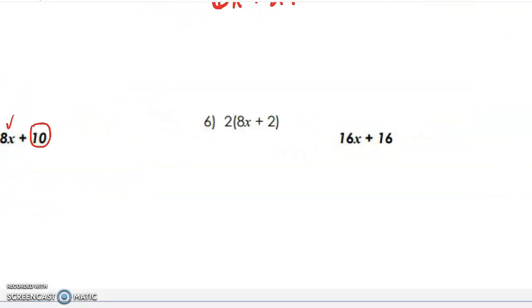Okay, let's look at number 6. I'm going to go ahead and draw my arrows. So first thing is I have 2 times 8x, and again, they're using x, so I'm going to use the dot just so I don't get confused. Write the plus sign, then 2 times 2. I'm going to solve left to right.